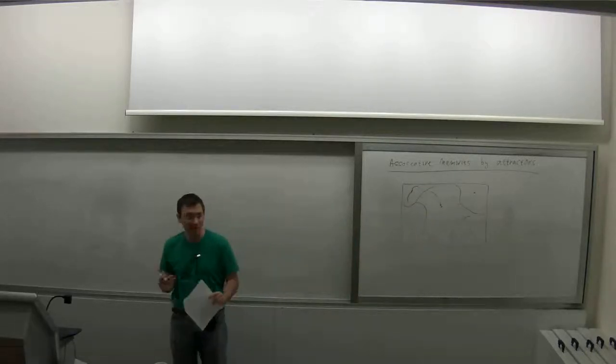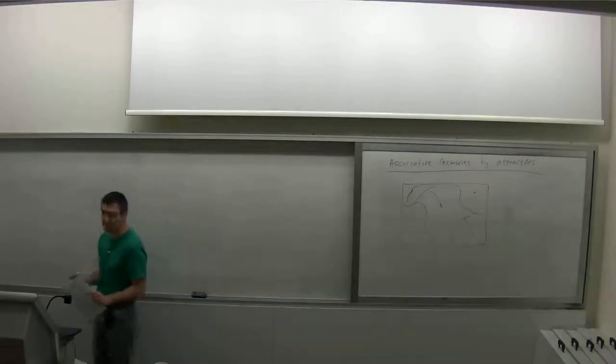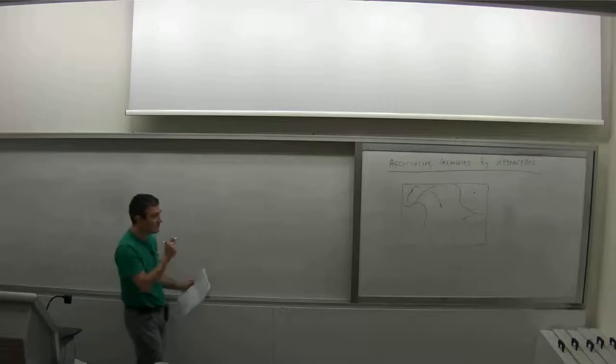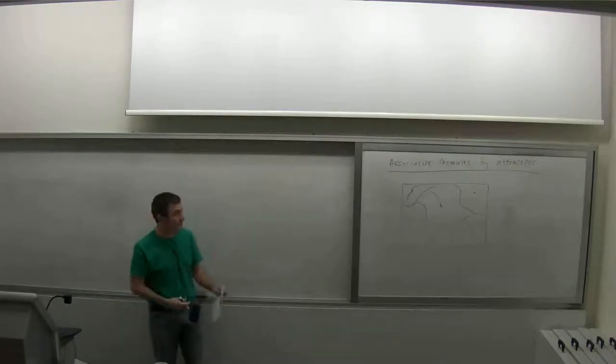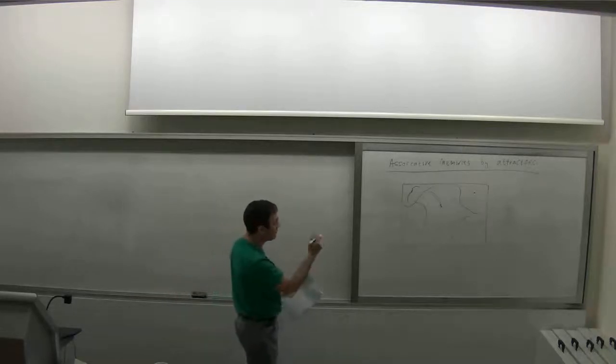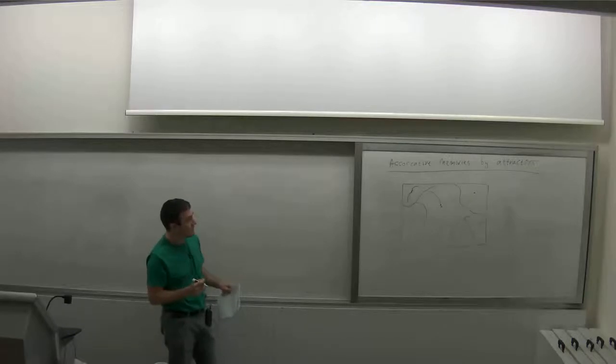So the goal is not to have as many attractors as possible. The goal is to structure the network such that the existing attractors are of interest, those that correspond to a memory pattern.